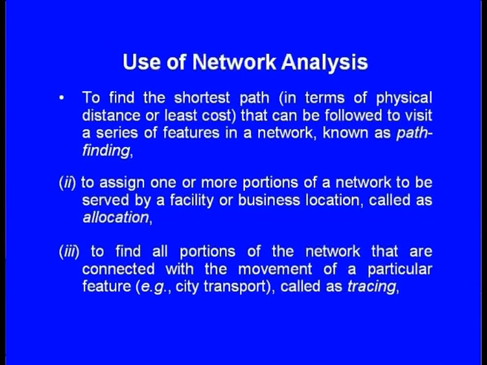Uses of network analysis: to find the shortest path in terms of physical distance or least cost that can be followed to visit a series of features in a network, known as path finding; to assign one or more portions of a network to be served by a facility or business location, called allocation; to find all portions of the network that are connected with the movement of a particular feature, such as city transport, called tracing.